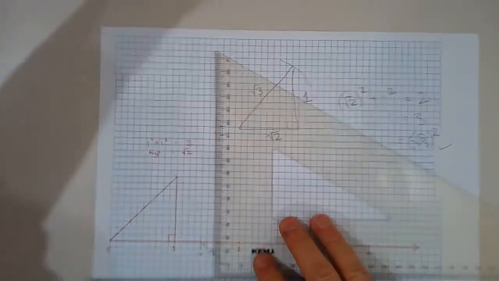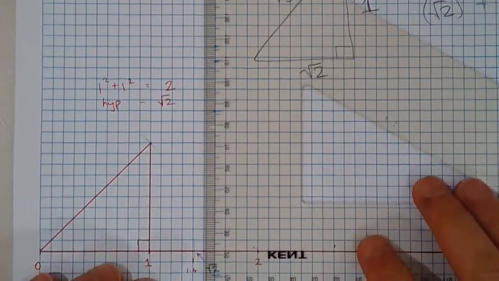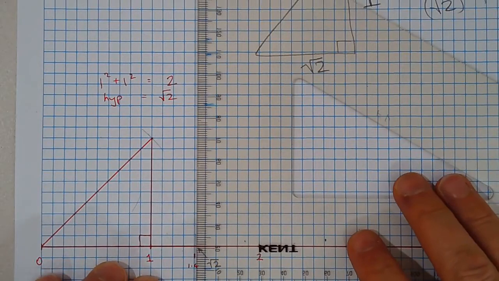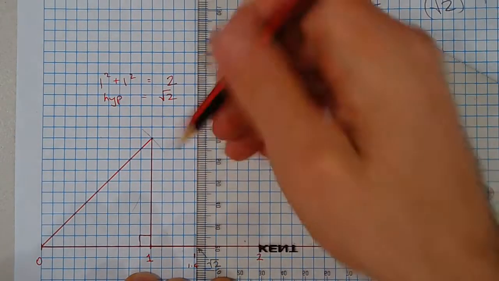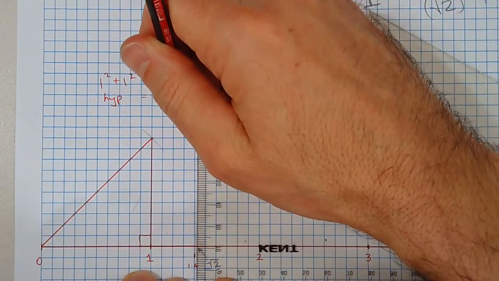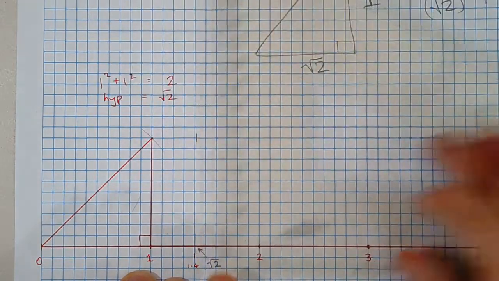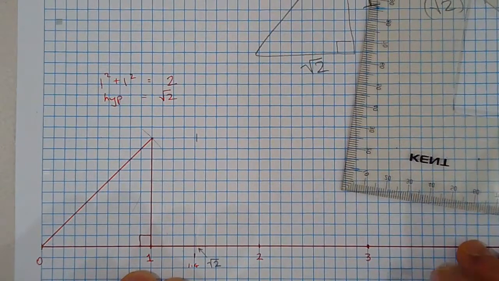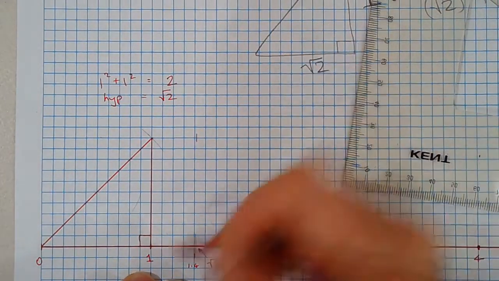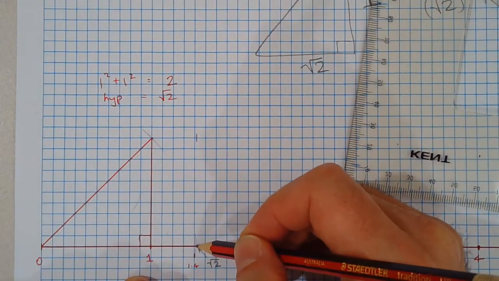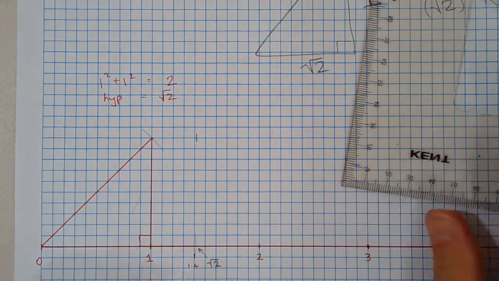Actually, I'll do it this way, so I can zoom in so you can see what I'm doing. I might just put a marking just there. So that's 1 unit up, square root of 2 along. So they're the 2 short sides.